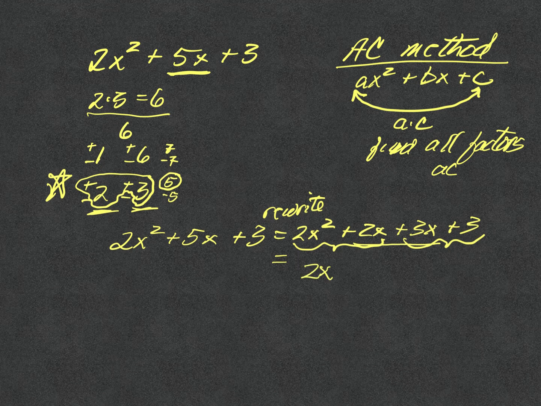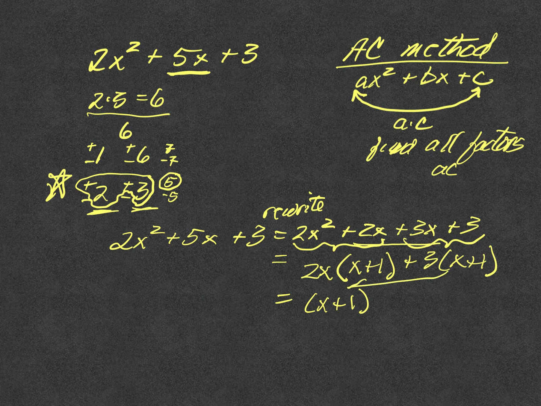So we go 2x times x plus 1 plus 3 times x plus 1. And that will give us then x plus 1, factoring out the common group, times what's left, 2x plus 3. And that is our factored polynomial.